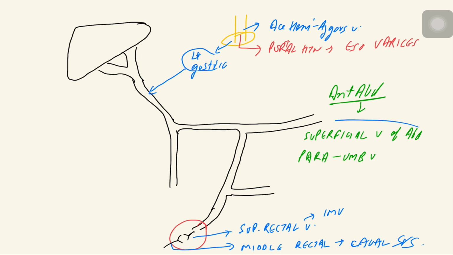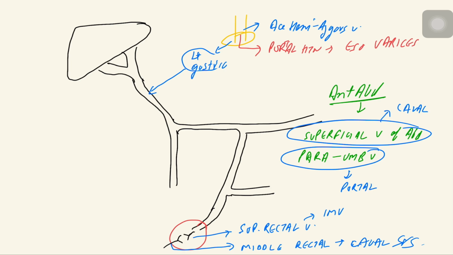Superficial veins of abdomen, they drain into caval system, and para-umbilical veins, they drain into portal system. Para-umbilical veins, they drain into the left branch of portal vein.